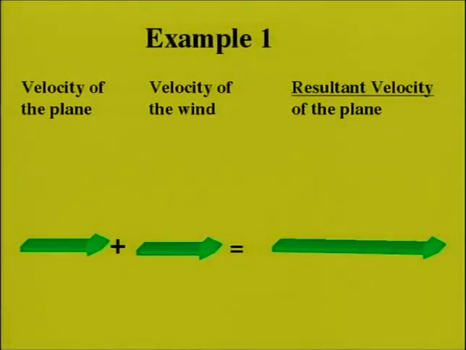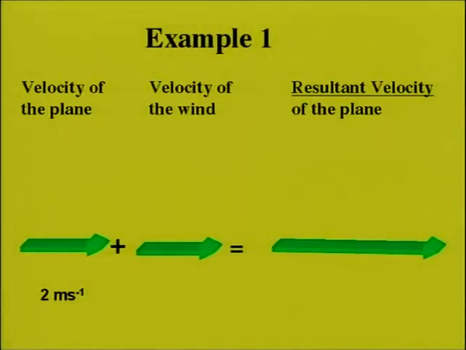Let's say this is 2 meters per second for the velocity of the plane. And then you have the velocity of the wind.